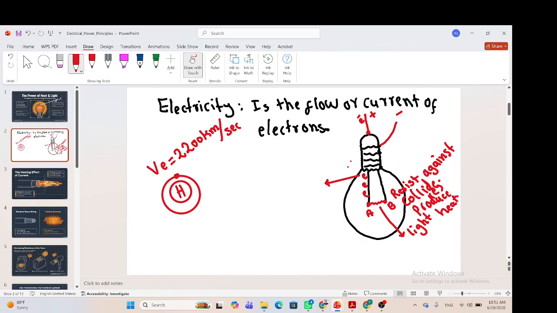This heat will be changed to light. So when we talk about electricity changing from the current, the kinetic energy, meaning the energy which is moving from one place to another, to light energy or heat energy, this is what makes the lamp turn on. This is the process of producing the light. Did you understand?